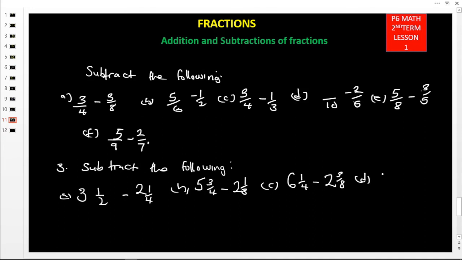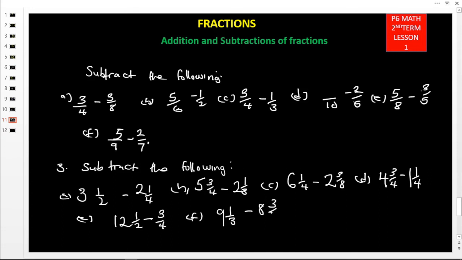Then D, it is saying 4 whole numbers, 3 quarters minus 1 whole and a quarter. That is D. Then E, it is saying 12 wholes and a half, minus 3 quarters. Then F, it is saying 9 whole numbers and a third minus 8 and 3 quarters.